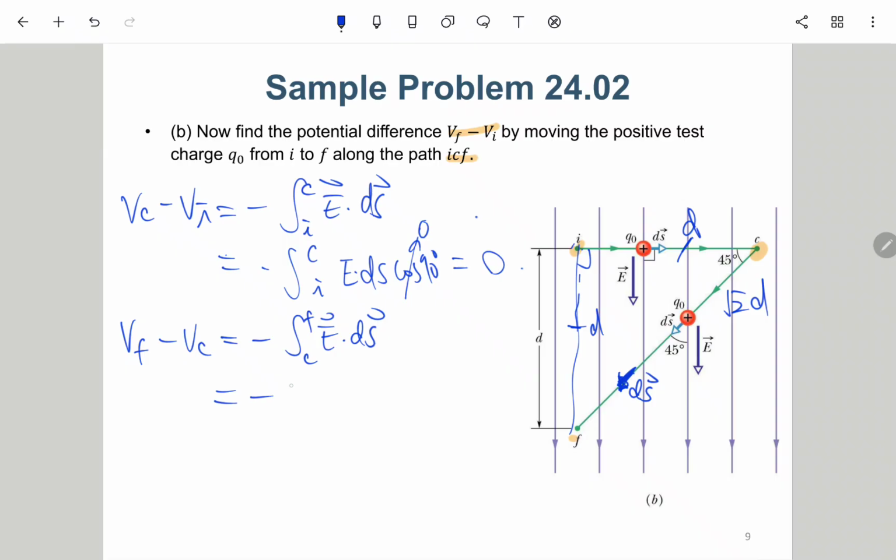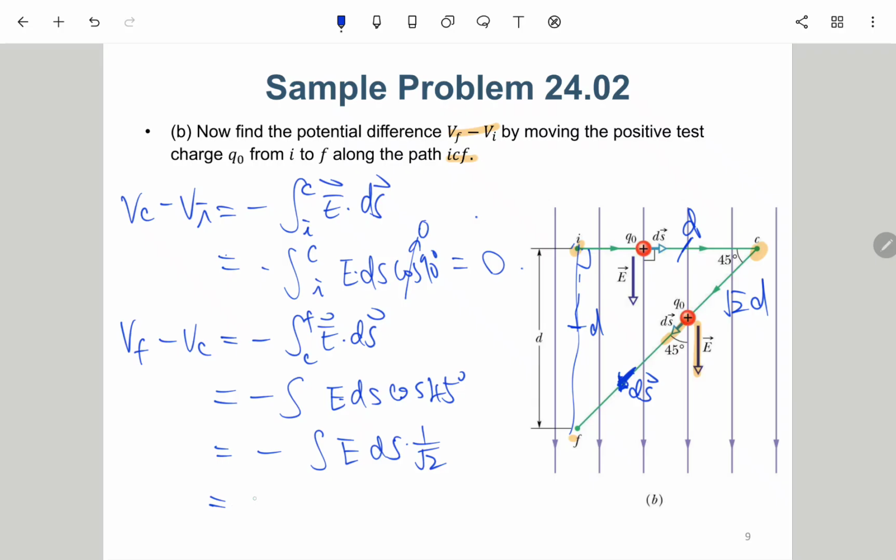Here it is the integration of E times ds cosine of 45 degrees, because E and ds have a 45 degree angle between them. Cosine of 45 degrees is square root of 2 over 2, or 1 over square root of 2. So this is the negative integration of E ds times 1 over square root of 2.